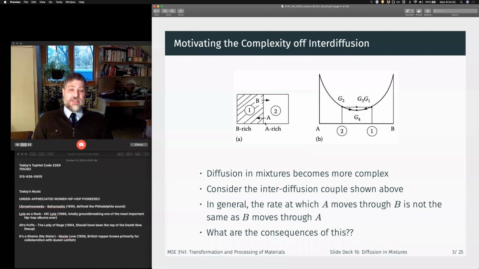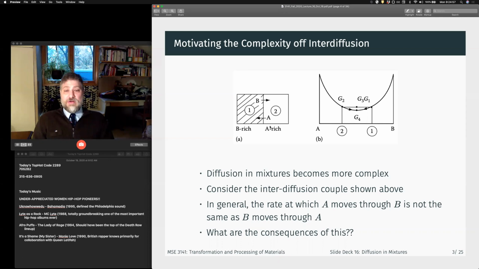But here, let's just consider a couple where I have A and B that form a full solid solution, right? They're completely mutually miscible. And I made a diffusion couple of material 2, which is rich in A, and material 1, which is rich in B, right?